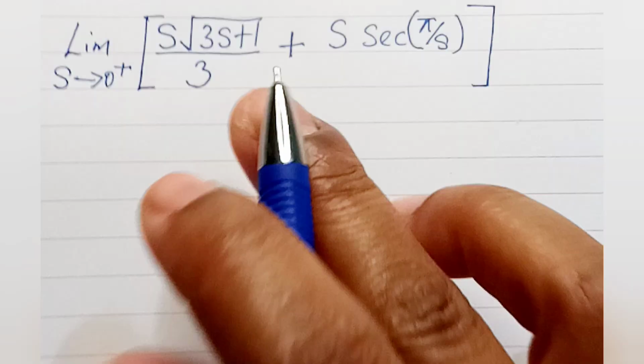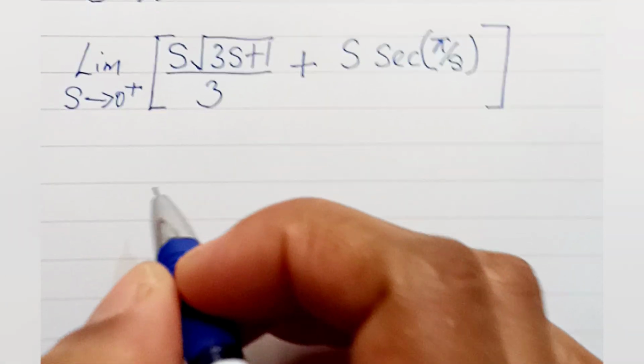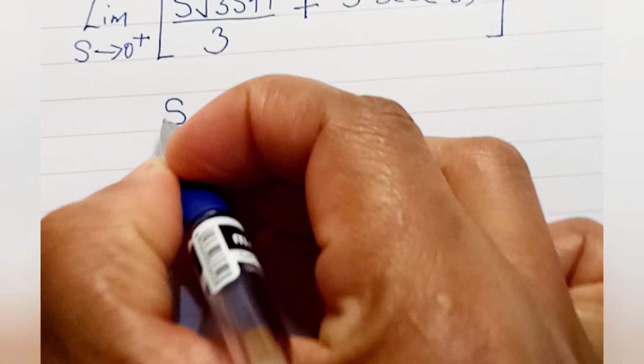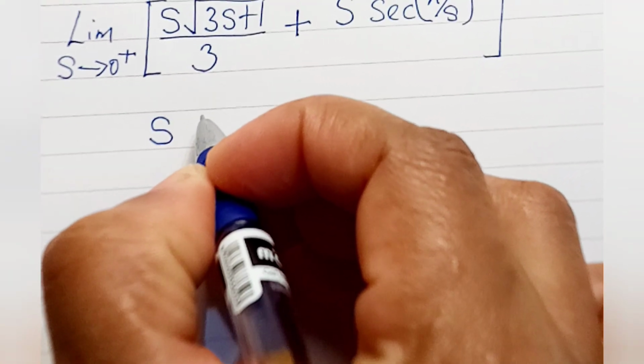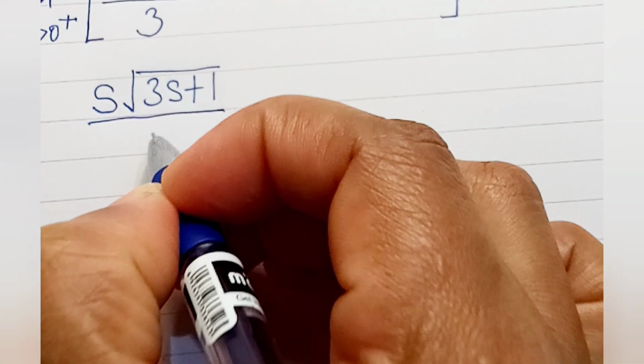So for the first term, which is this, we have s square root of 3s plus 1 over 3.